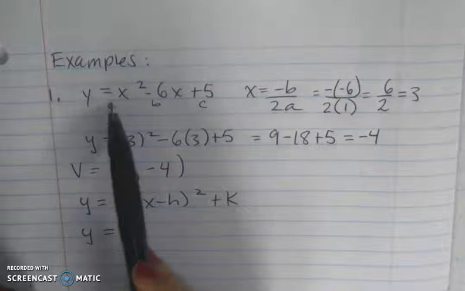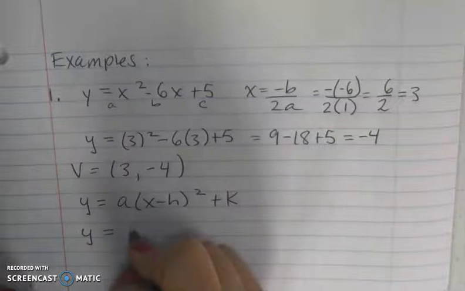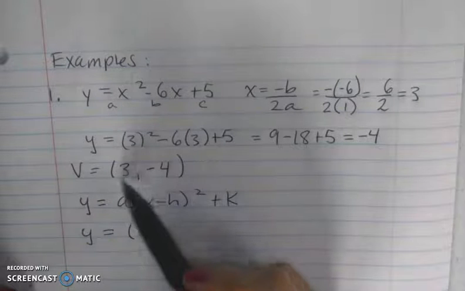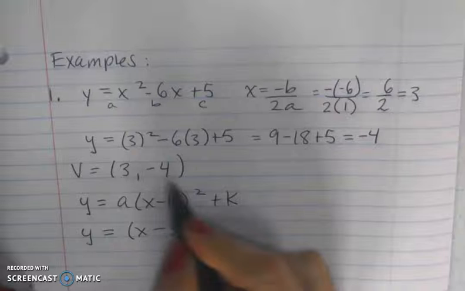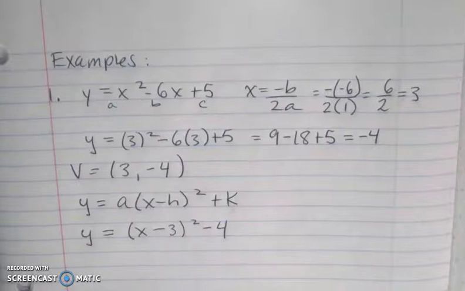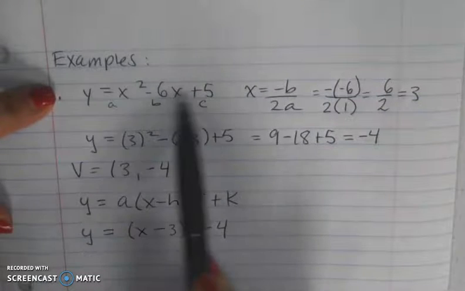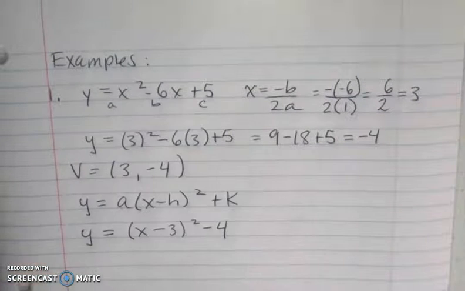Well, we said a is just that 1 that's invisible, so we don't really have to write it. X minus h, this is our h right here. And plus k, remember the y doesn't change sign. And there you go. Here we have standard form, and here we have vertex form.